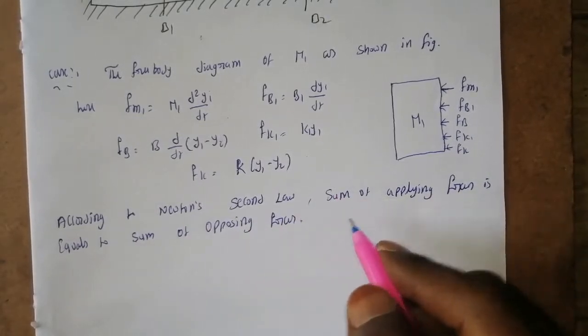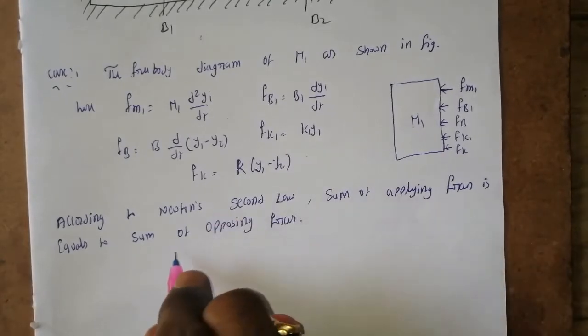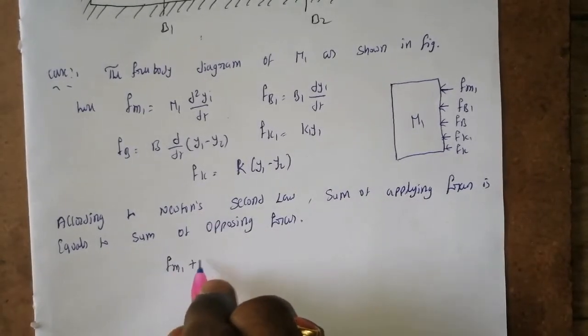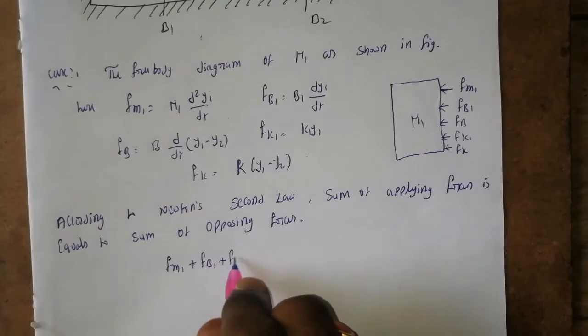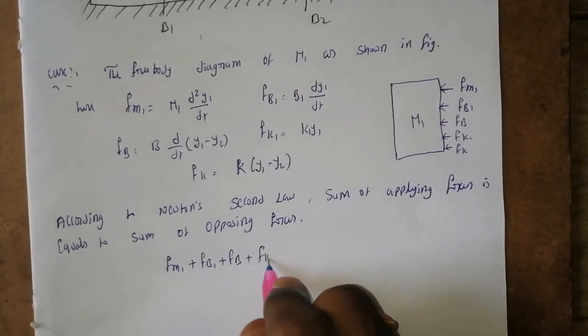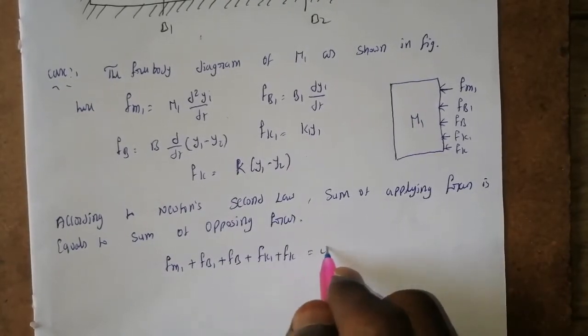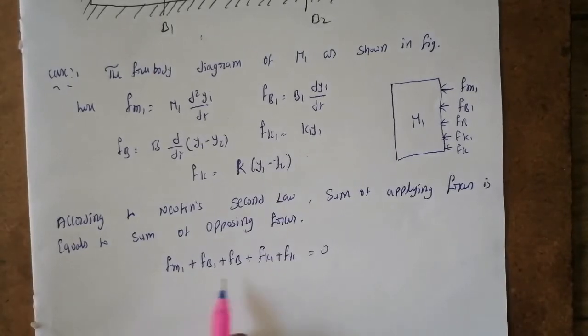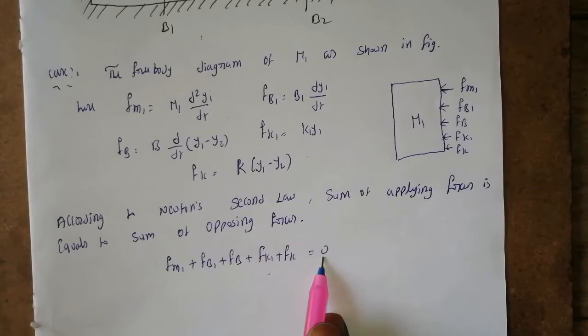Based on this condition, we can formulate the equation like this: Fm1 plus Fb1 plus Fb plus Fk1 plus Fk equals 0. Here the left-hand side terms represent the sum of opposing forces, and there is no applying force, right? So I can put it as 0.